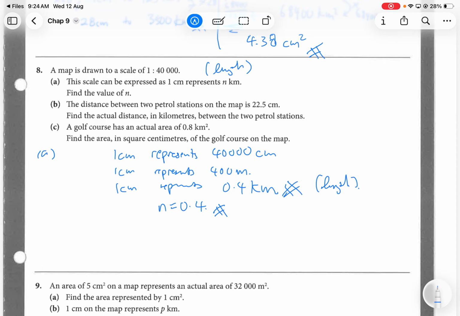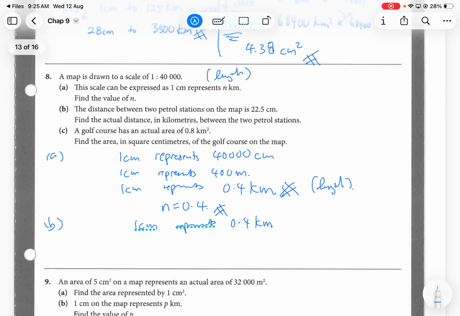Then the distance between two petrol stations on the map, 22.5 cm. So what is the actual length in the real world? Scale factor. So every 1 cm represents 0.4 km. Every 1 cm on the map is 0.4 in the real one. So now got 22.5 cm.